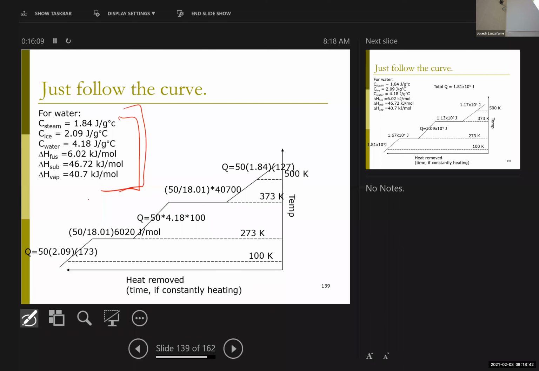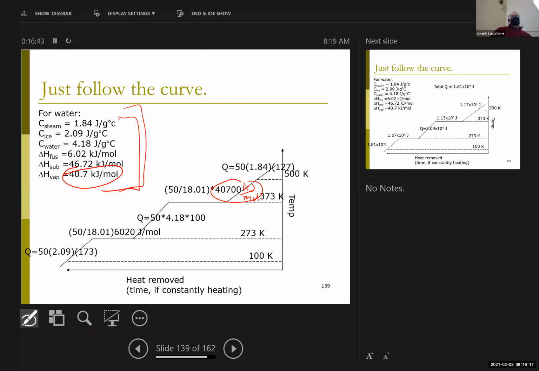So I need them either to all be joules or all be kilojoules if I'm going to add them together. In this case, I made them all joules, which is why this became this. Doesn't quite fit, but I can squeeze it in. It's mass times specific heat times change in temperature, or it's moles times delta H. Either way, my entire journey is just the sum of whatever steps I have to take.